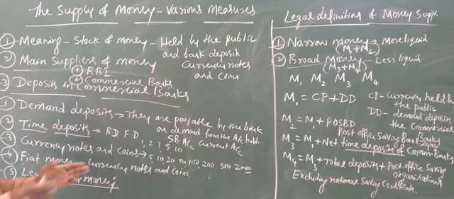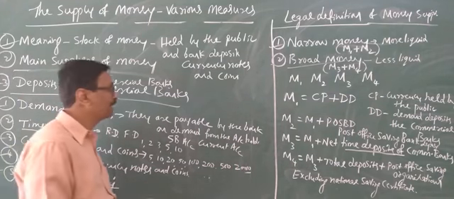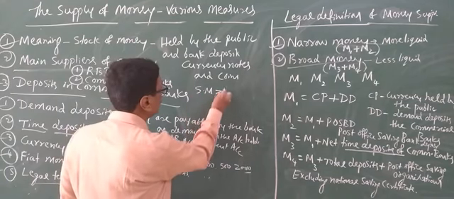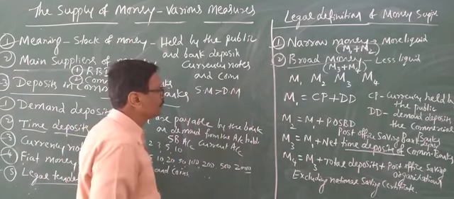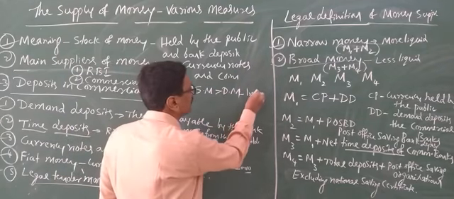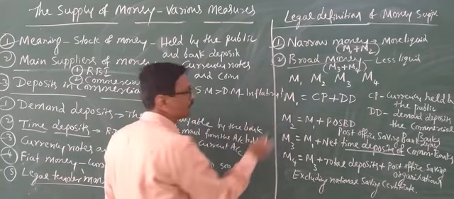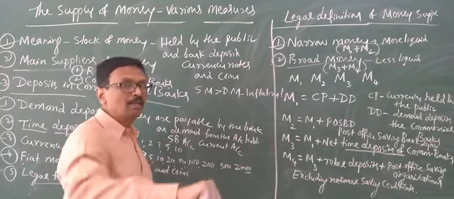What is the relationship between the supply of money and demand for money? Suppose supply of money is greater than demand for money in the economy, that leads to inflation. Inflation refers to a rise in the general price level, as a result the purchasing power of money reduces.